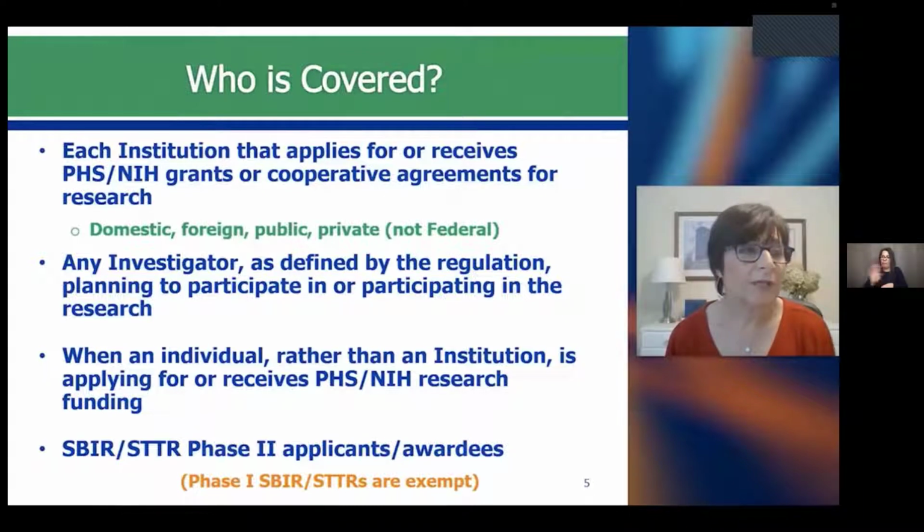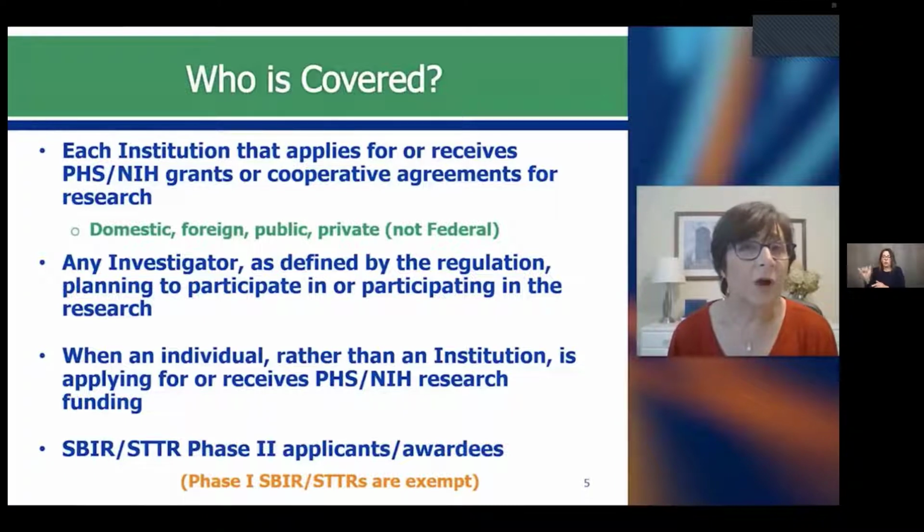It also covers individuals who meet this definition of investigator. That is an individual who is planning to participate in the research or who is participating in the research that, again, meets this definition of investigator. And when an individual, rather than an institution, is applying for or receives Public Health Service or NIH research funding, it would apply to them.